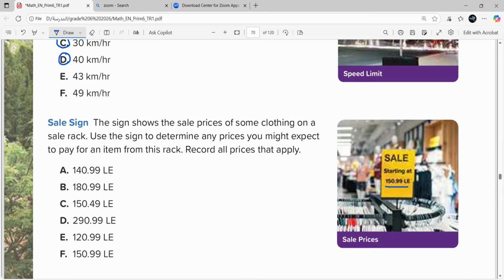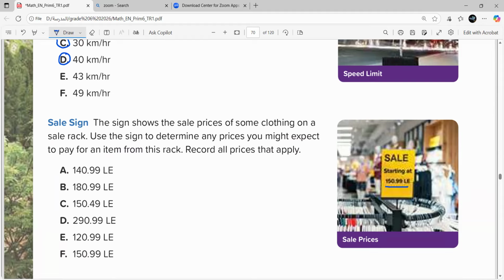So, do you expect you will find here an item for 140.99 pounds? Do you think we will find this price on this rack? Of course not, because the prices are starting from 150.99. So 140, you will not find this price here.